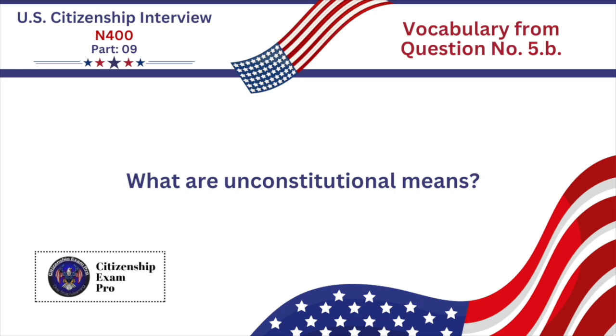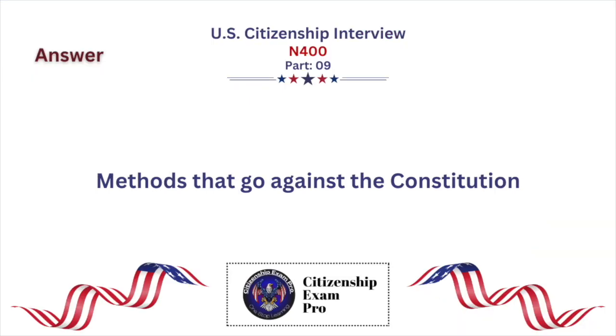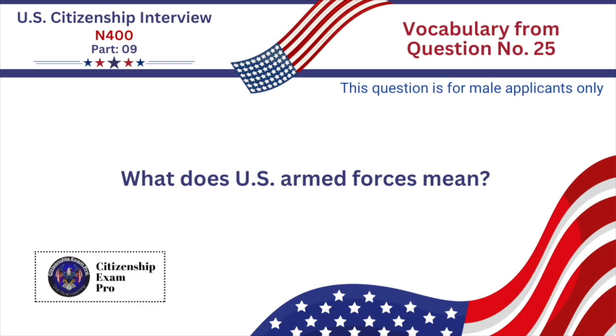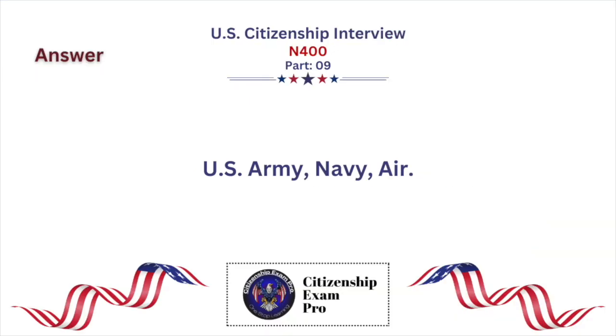What are unconstitutional means? Methods that go against the Constitution. What does U.S. Armed Forces mean? U.S. Army, Navy, Air.